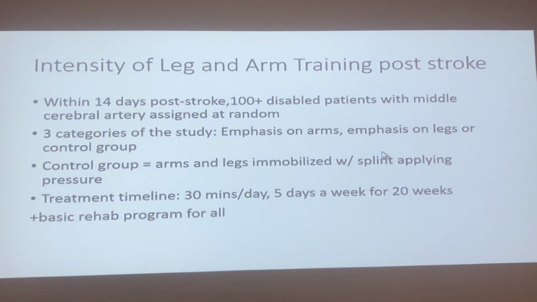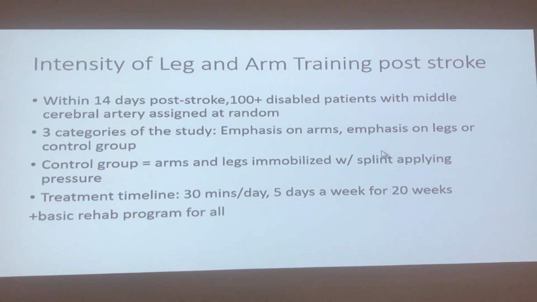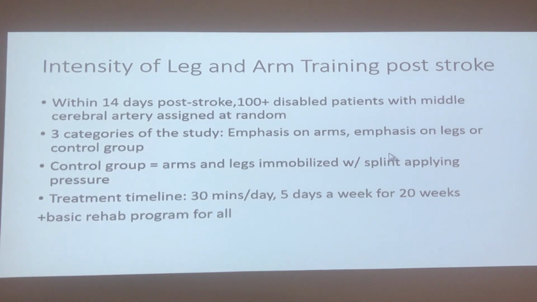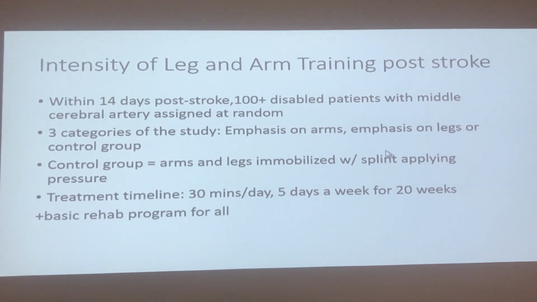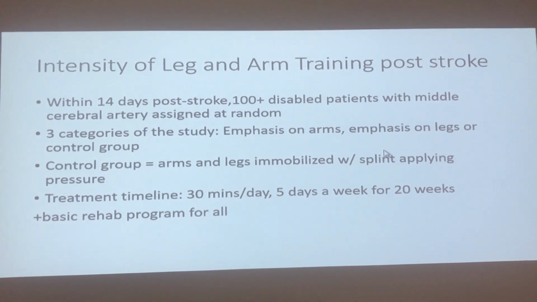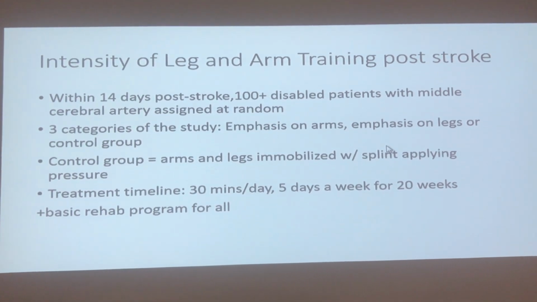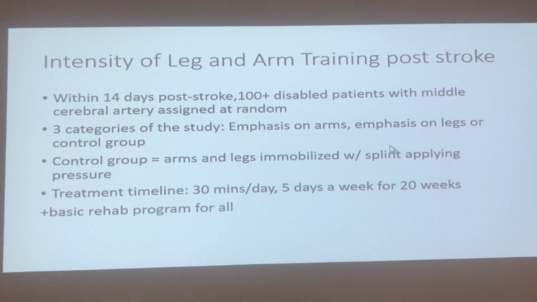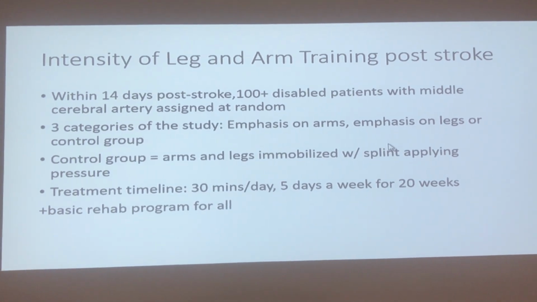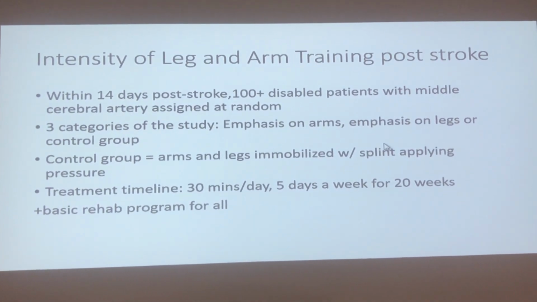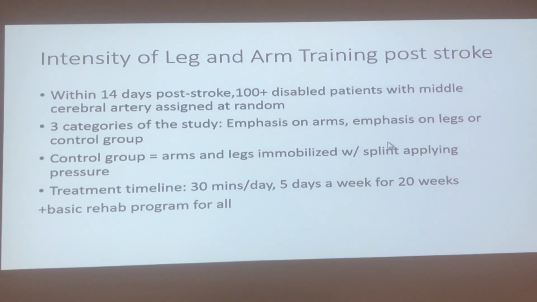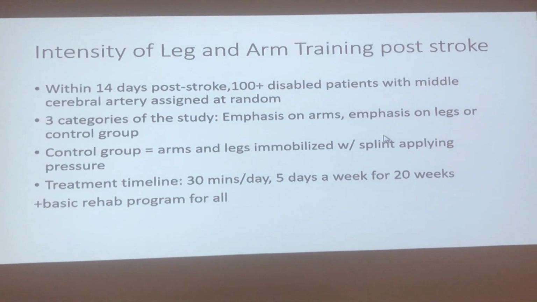This was the study done on the intensity of leg and arm training post-stroke, basically dealing with the physical therapy that the patients went through. The study had 100 plus disabled individuals with a middle cerebral artery stroke, randomly assigned to groups, all within 2 weeks post-stroke.